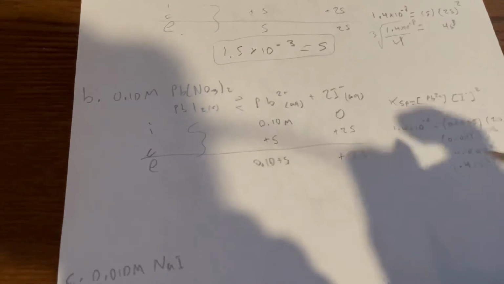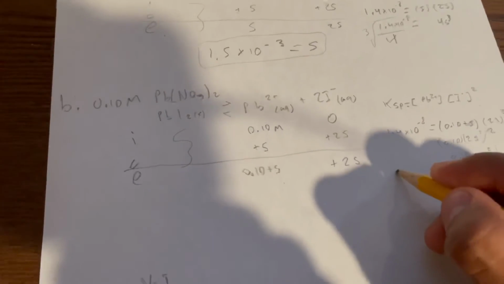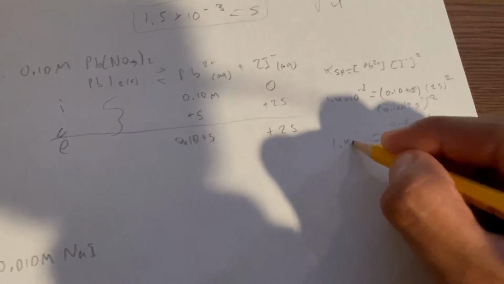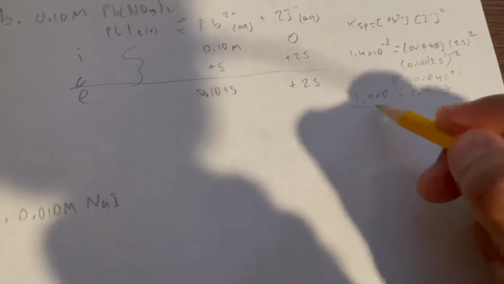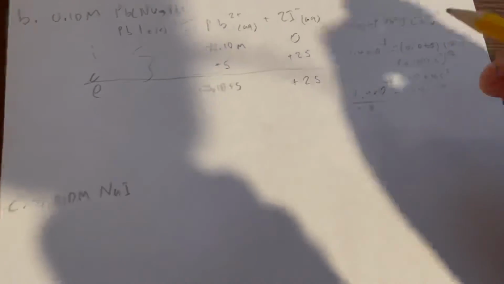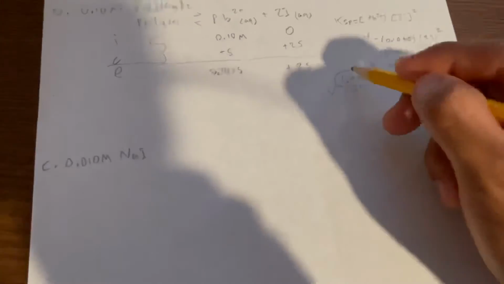And now we just solve for S again. We do 1.4 times 10 to the negative 8 divided by 0.4, and you're gonna square root that.